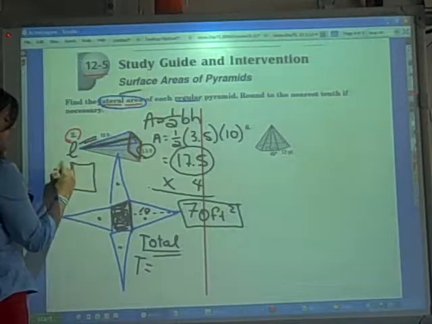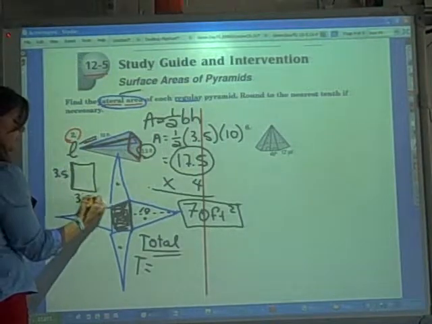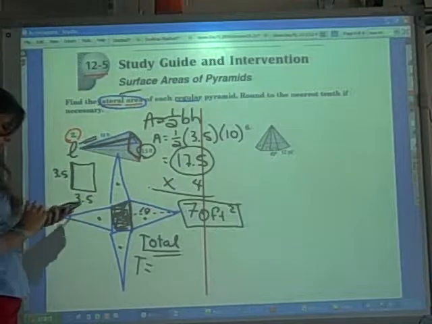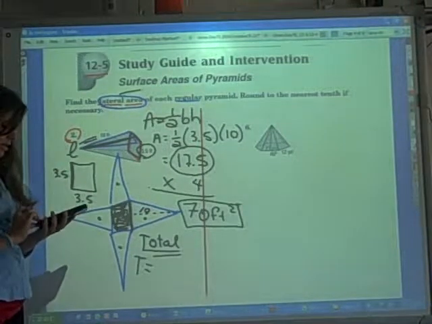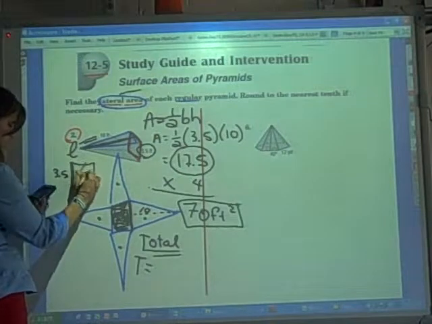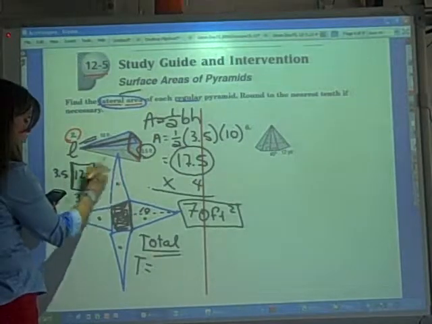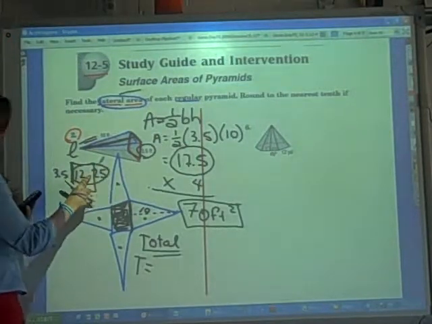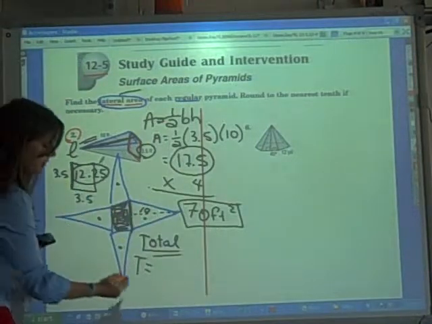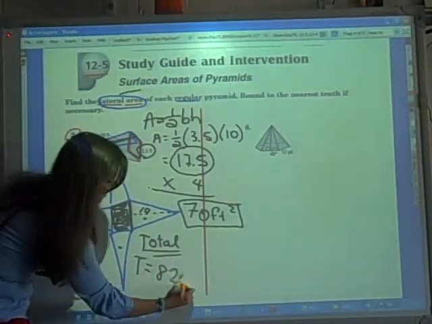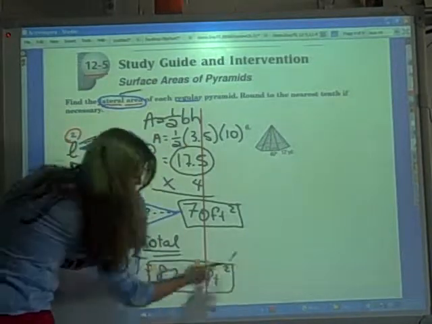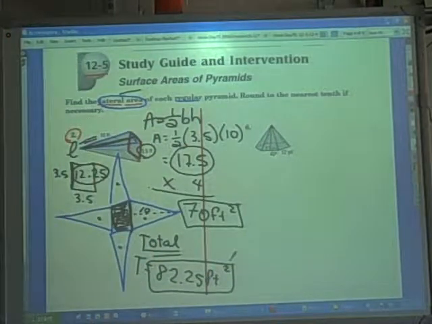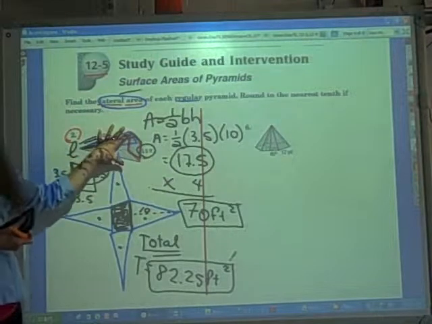What are the dimensions here? This is a square base, 3.5 by 3.5. So when you do that, your area for this little piece is 12.25. Take this, add it to your 70 that you already have. 82.25 feet squared is your total surface area for this pyramid.